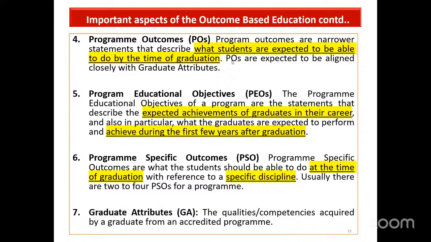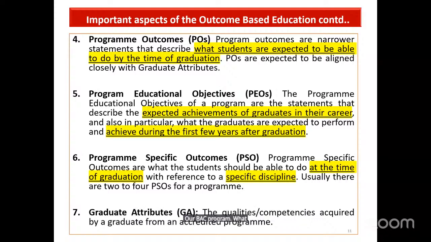Program outcomes. What are program outcomes? Program outcomes are narrow statements. By the time of graduation, what is the student expected to get? A BA is studied by the student. A student has passed the BA program or BSc program.